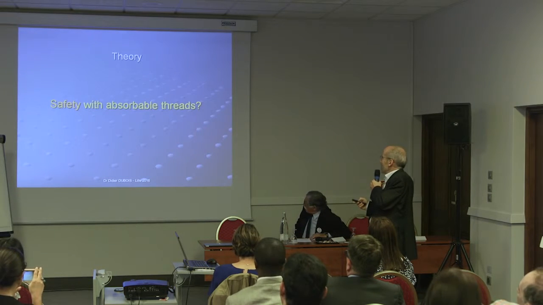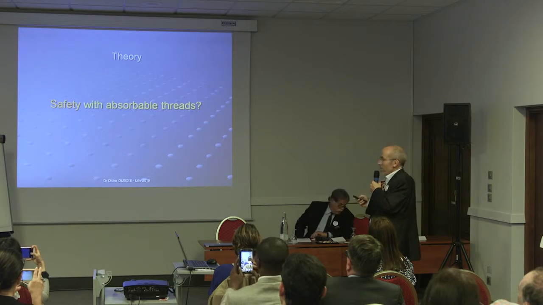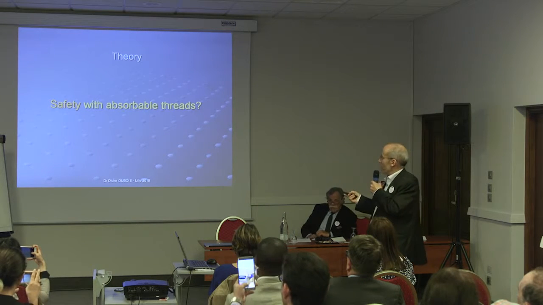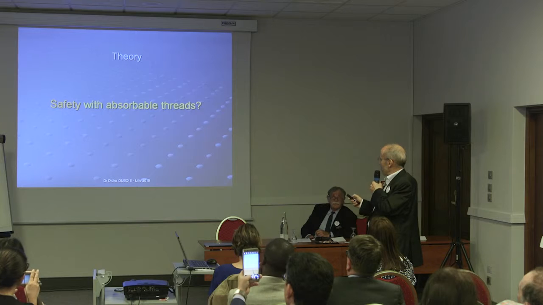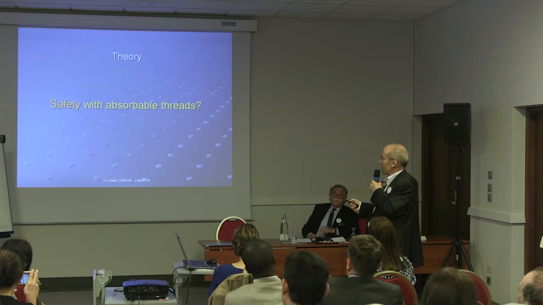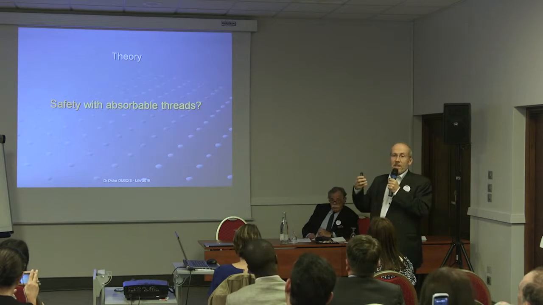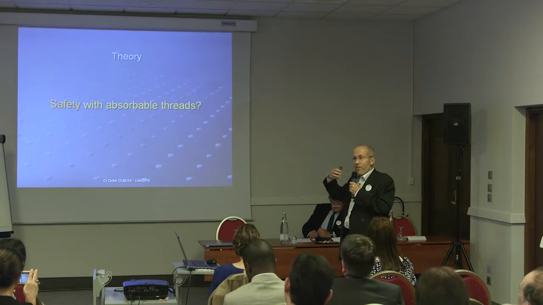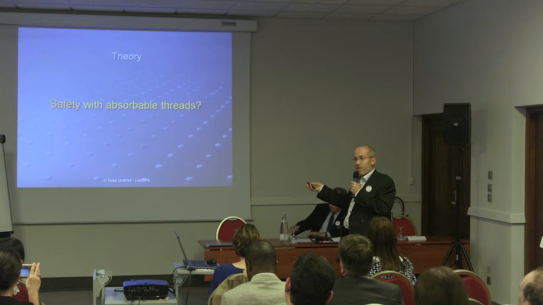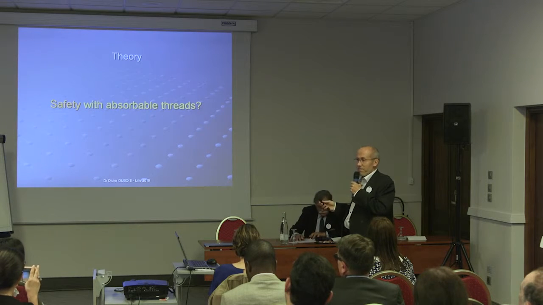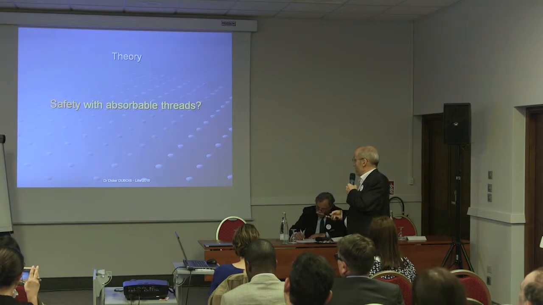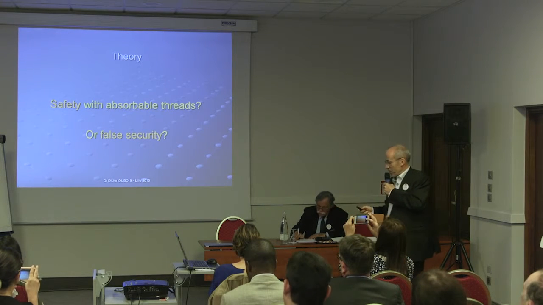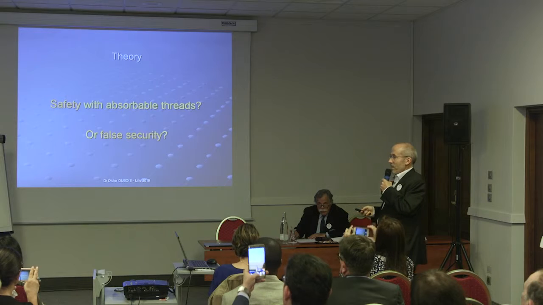Why? Patients think with absorbable threads they have more safety because they say, well, within 1 year, threads will be removed, so this is safe. I'm not sure it's so safe. I think it's false security. Why?